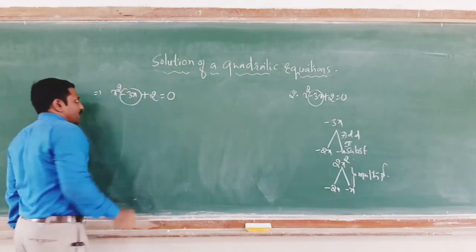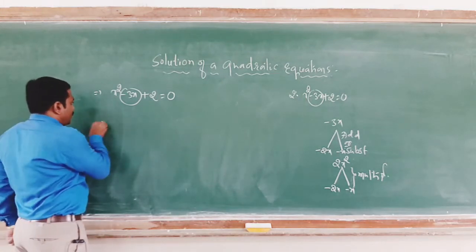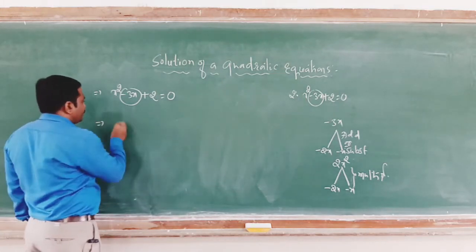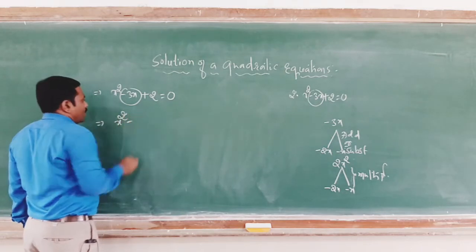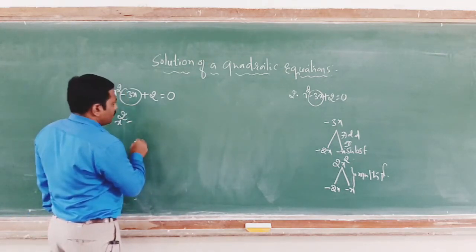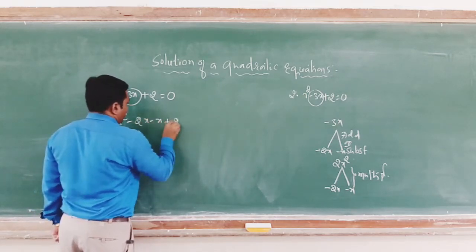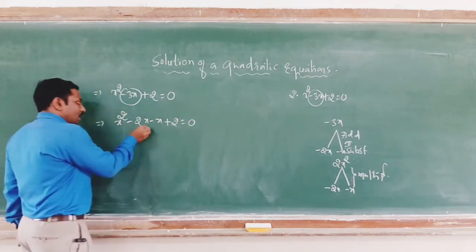Splitting the middle term, minus 3x can be rewritten, so we get x square minus 2x minus x plus 2 is equal to 0.